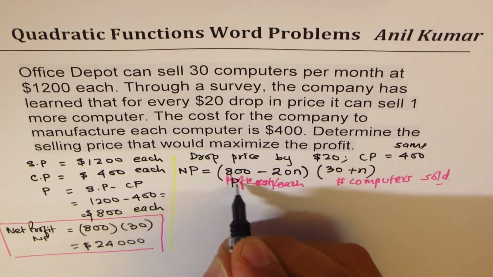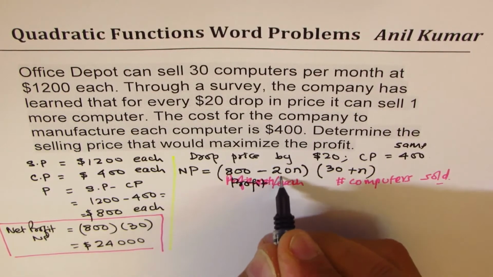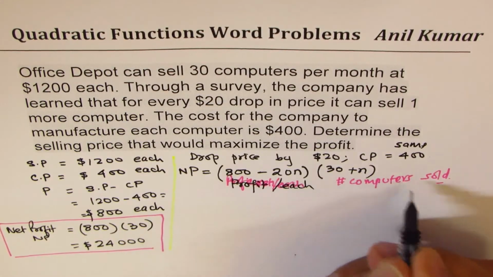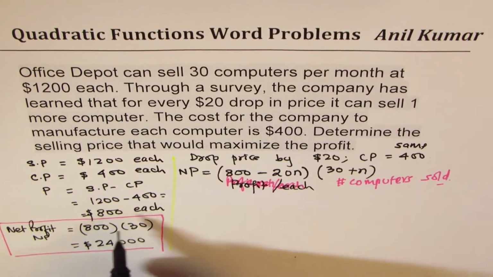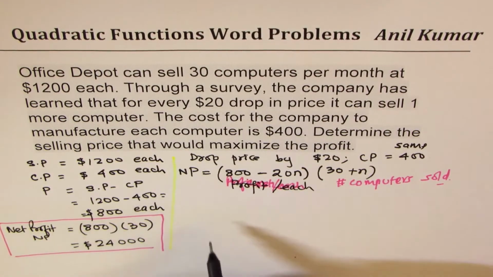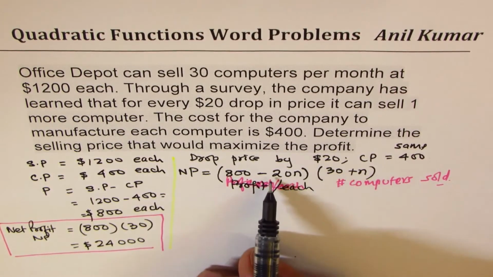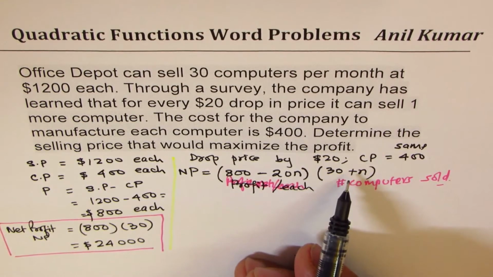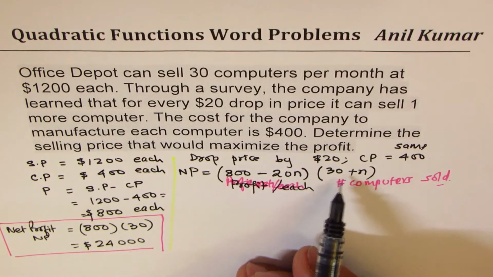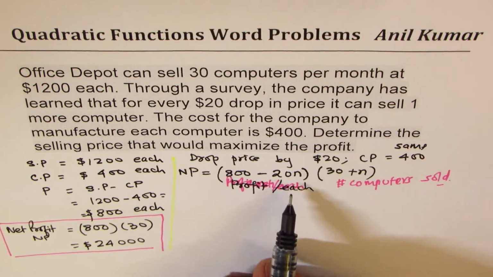This means profit on each times the number sold, this is net profit. This is each, 800 minus 20n. So the net profit on 30 plus N sold will be each profit multiplied by total number of computers sold. So we need to maximize this figure.